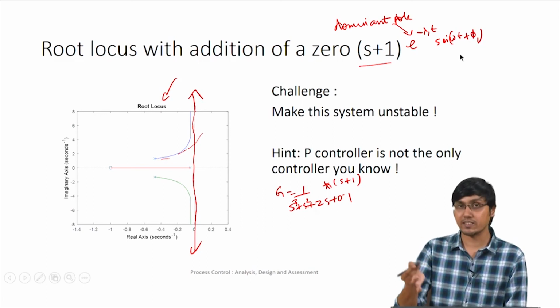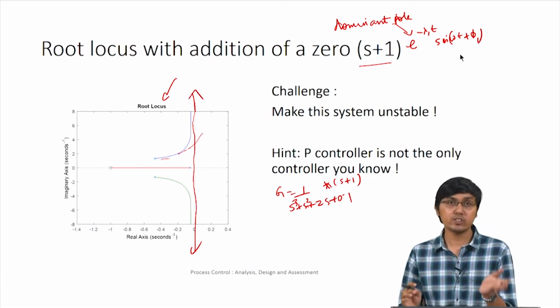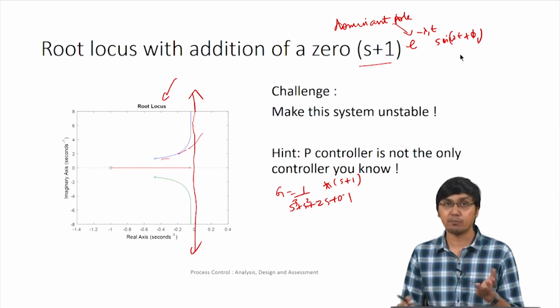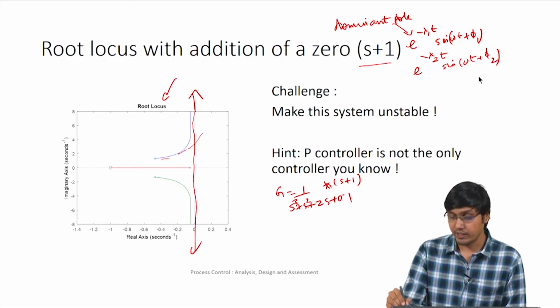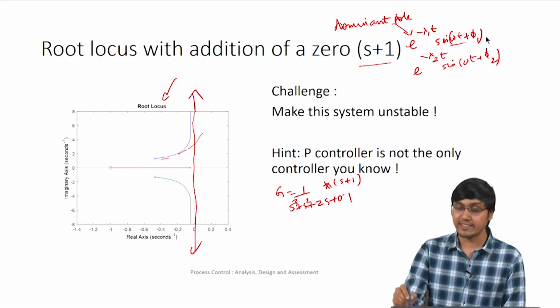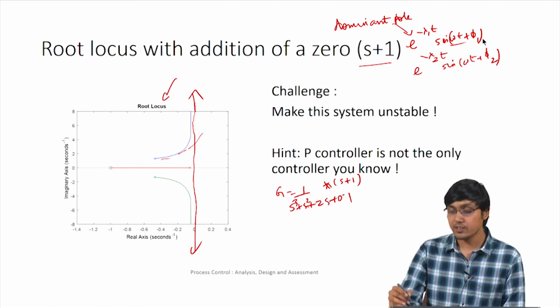This was the response of the first pole. I'm assuming you took the partial fraction and then the inverse Laplace transform, simplified everything and got this particular thing. And the other pole is going to have e power minus lambda 2 t sin(omega t plus phi 2). Since we have sin, it is like complex poles.